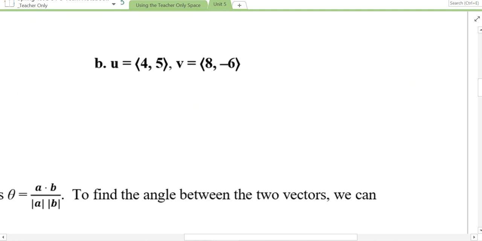We'll get to it. Okay, here's another one. For me, it doesn't matter whether it's U1 or U2 or what it is. I'm always going to take the x's and multiply them, and the y components and multiply those.